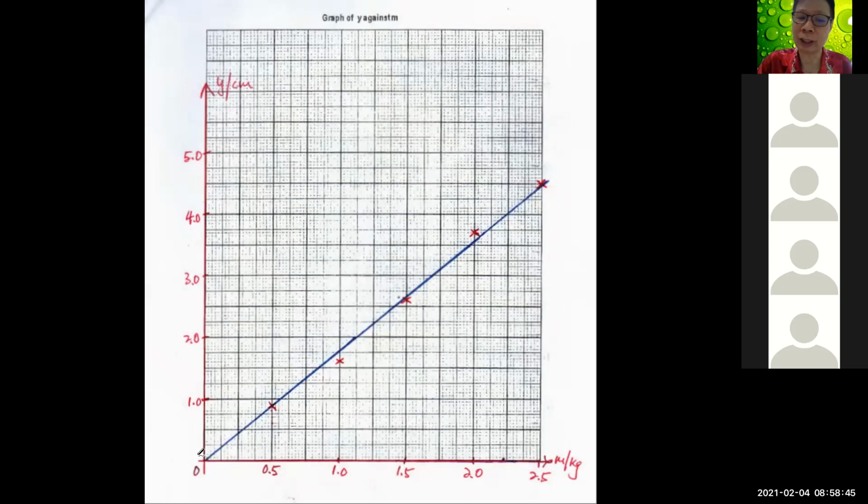No. This one must be 0. When the mass is 0, the y also must be 0. Understand? You have to use a little bit of thinking whether it needs to pass through the origin or not. Logically, when there is no mass, there shouldn't be any change in the length, so it must be 0, 0.